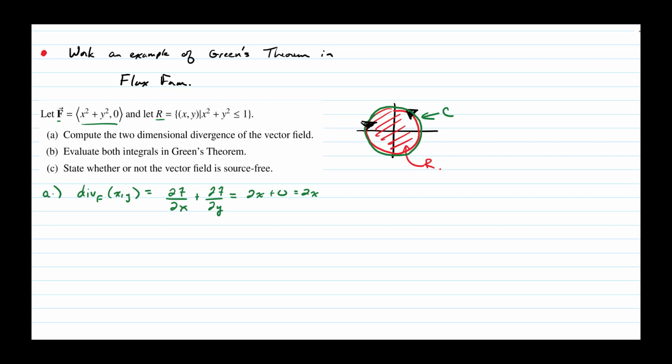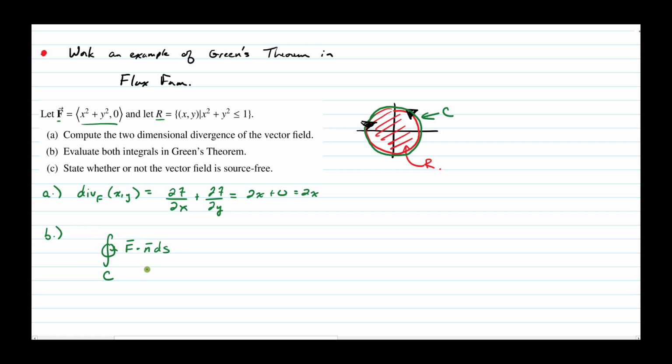The next thing we're asked to do is to compute Green's theorem, both directions. So let's first look at the flux form that we want to compute. So the flux integral for this is that's the closed loop integral of the vector field f, and we're going to dot that with the normal vector of our curve, ds, where c is this unit circle oriented clockwise.